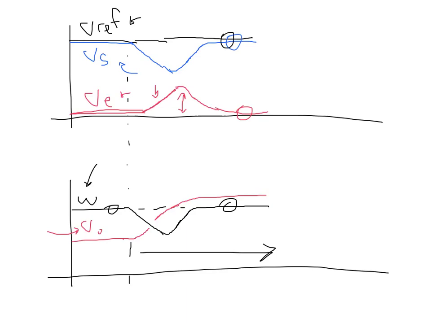But we now have a new steady state VO, so a new steady state control input to our motor driver. And this is fine because we don't really care what VO is, we simply care what omega is. So we had to increase VO because we required more torque to get up the ramp, but we're going the exact same speed, which is what we wanted. And so that's how this integral compensator is functioning.